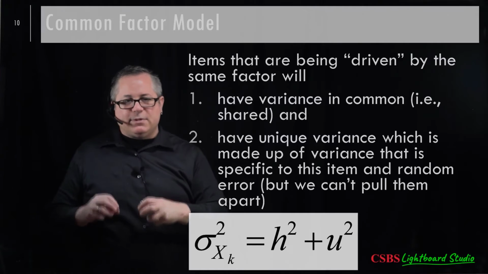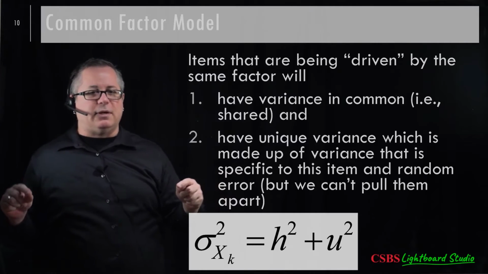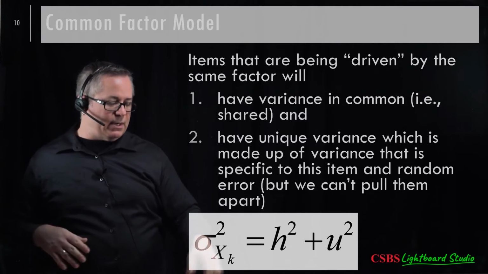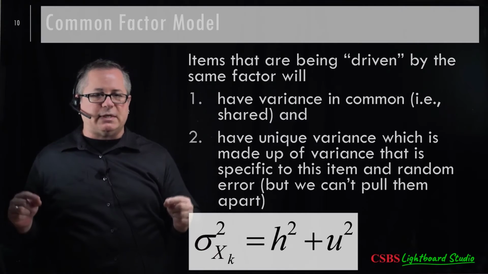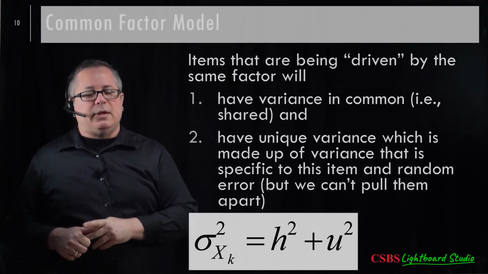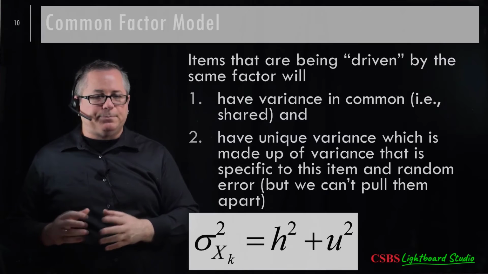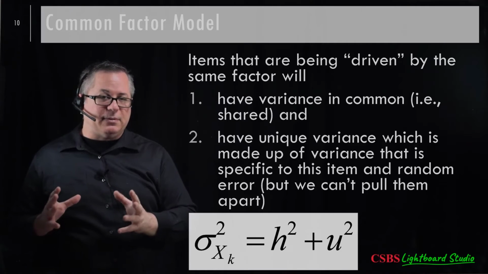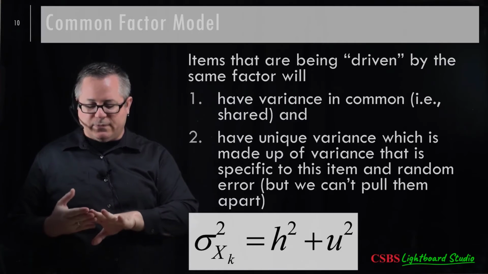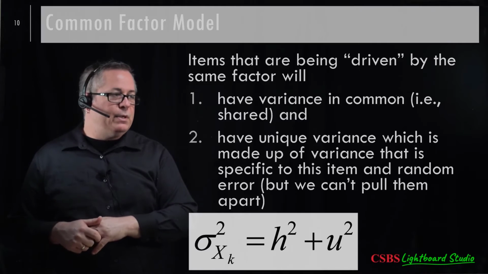If items are all measuring the same thing, right? You have 5 items, they all measure the same factor, the same construct, then there's a couple of assumptions we can make. These are assumptions, but they're pretty good assumptions in terms of this tending to be true.